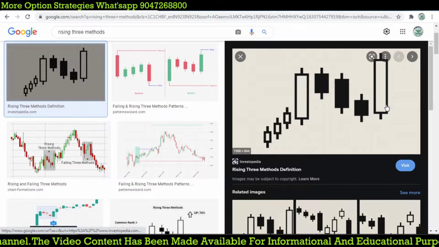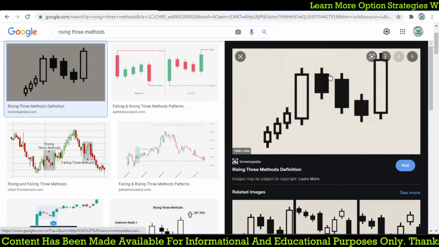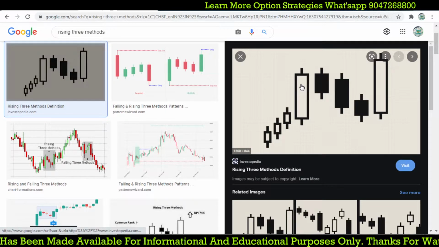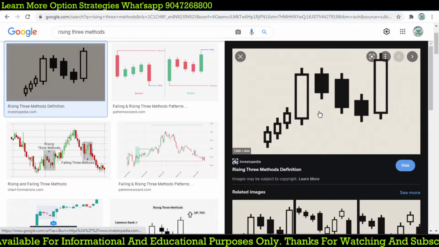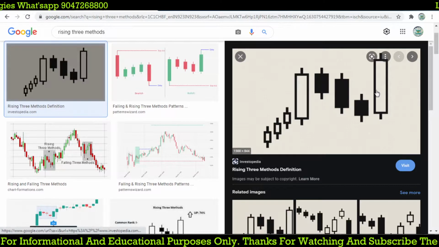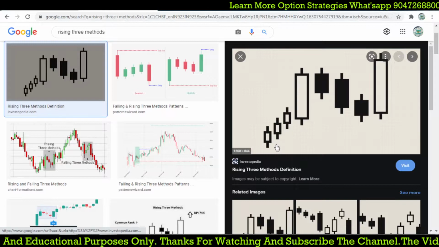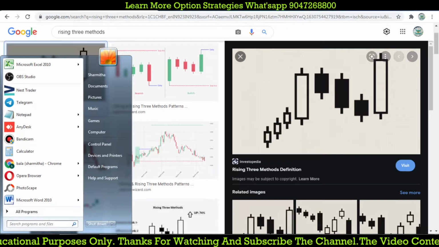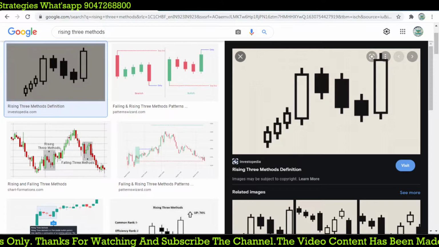And on the fourth day, if the market reaches all the levels and closes above the first day candle close, or even above the first day candle high, that will give you a clear confirmation that it is a continuation pattern. We call it a continuation pattern because the previous trend should be upside.